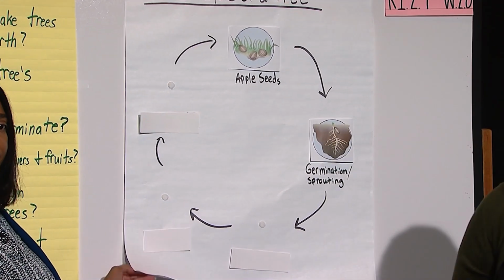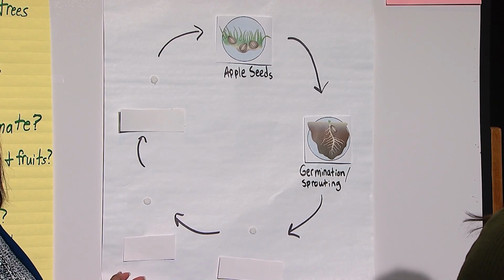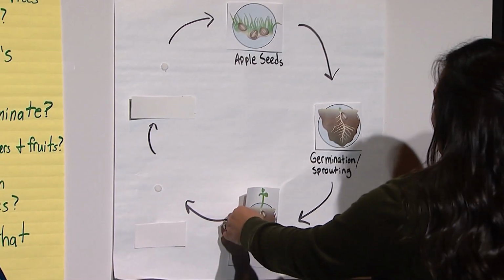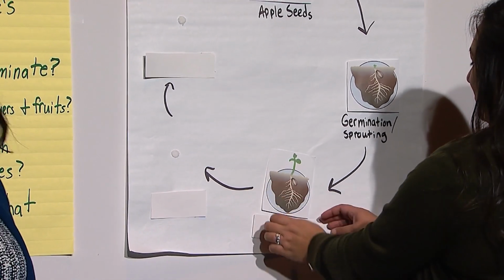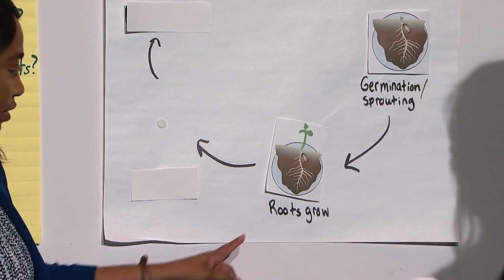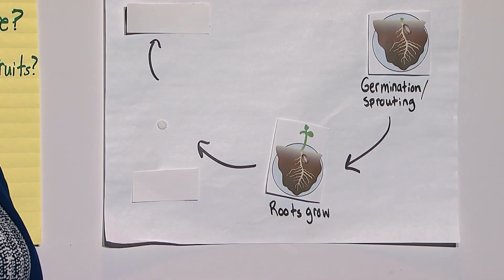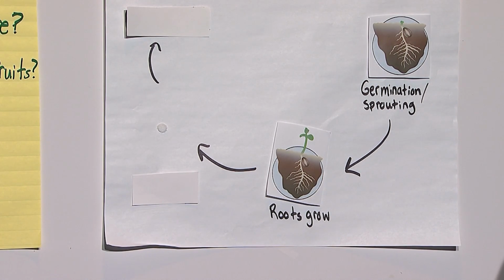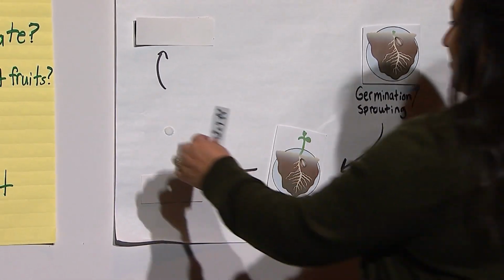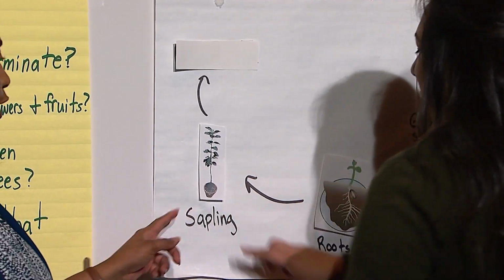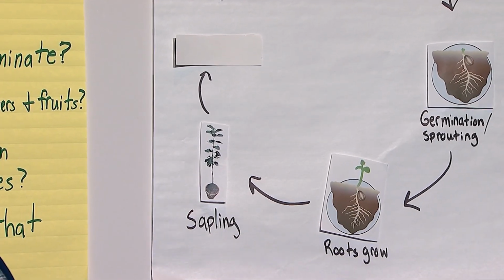What's next? There you go, roots. Roots grow and take hold while leaves begin to form. We'll place that part in the next part of our life cycle. Next comes what? Sure, the sapling. The young tree, we'll place it right here after the roots and leaves growing.